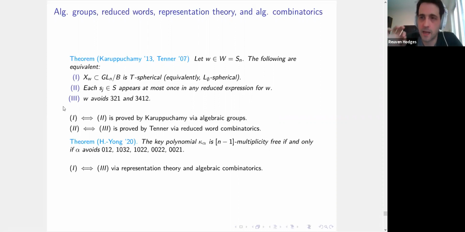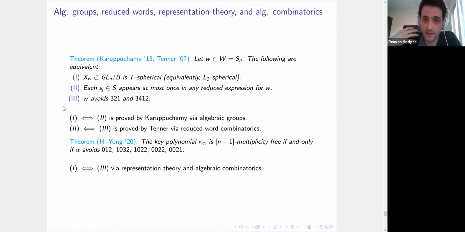And the reason I bring this up is there's quite a lot of literature regarding these types of orbit problems, not just about sphericality, but literature involving orbit problems that's studied from an algebraic groups perspective. And then there's a lot of literature studying properties of reduced word combinatorics in general. And I think the thing that makes me most excited about this project is that it offers a bridge between these two types of problems.